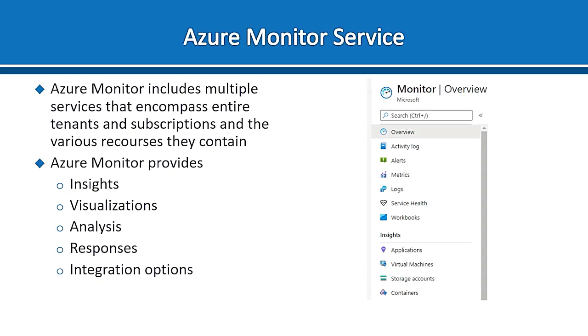For visualize, we're going to have different dashboards, views, and workbooks, reports that can be created. There's the ability to analyze metrics, analyze log files, and create responses to alerts, one of the responses being the auto scale capability. And then we have the ability to integrate with other event hubs or logic apps that organizations may be using.